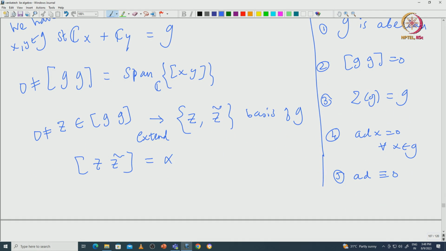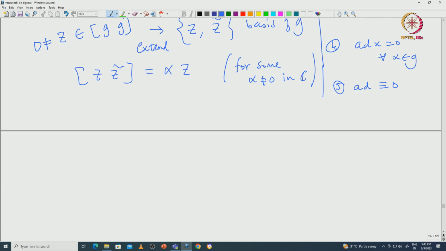That has to be some multiple of z, for some alpha non-zero complex number. Note that this has to be non-zero. Why? If this is 0, then that will say that the bracket [G, G] is 0.